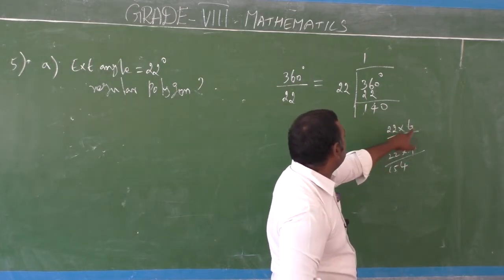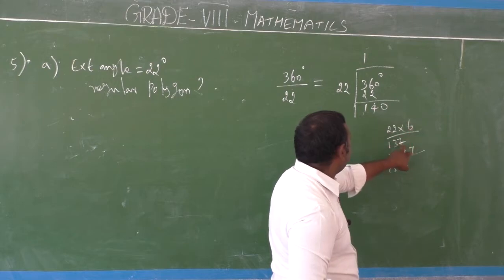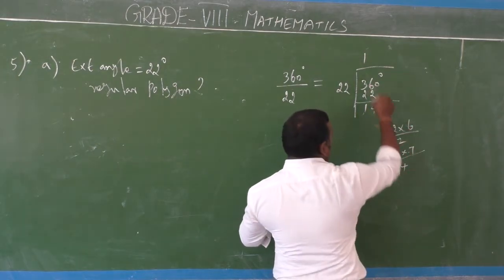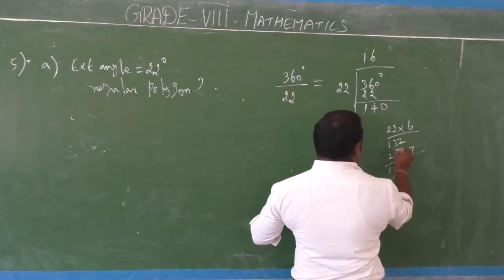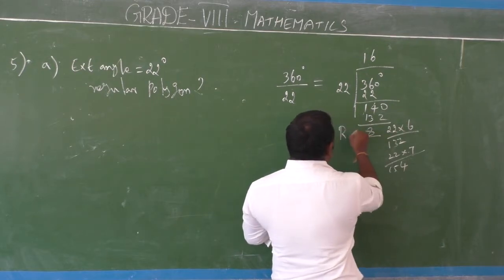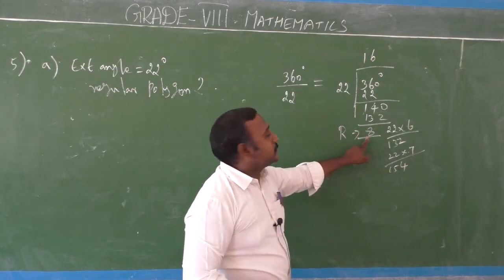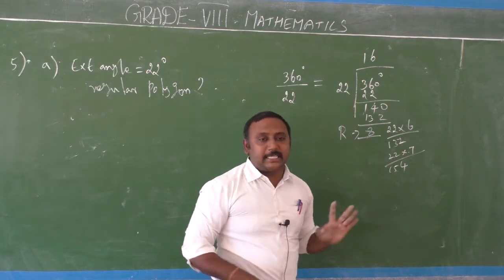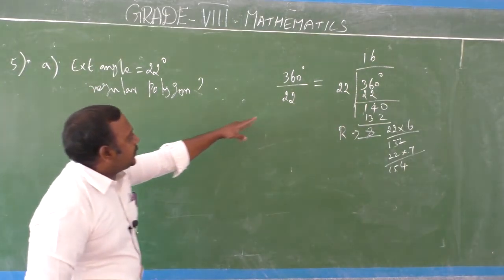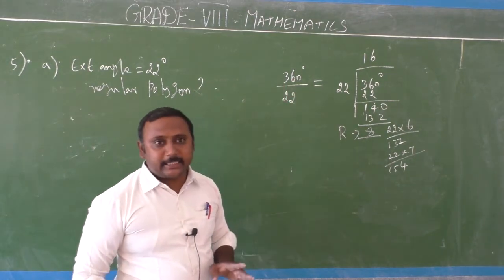So 22 into 6 is 132. So 6 times, 132, and the remainder is 8. So 22 is not a divisor of 360 degrees.